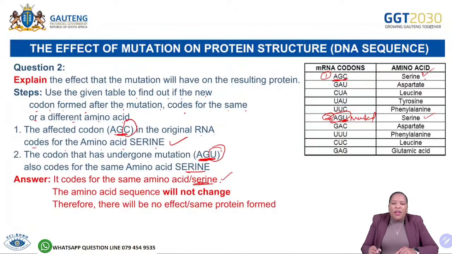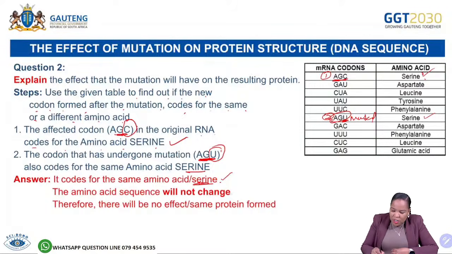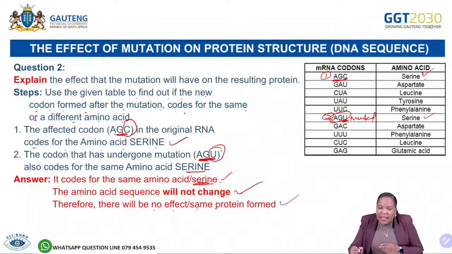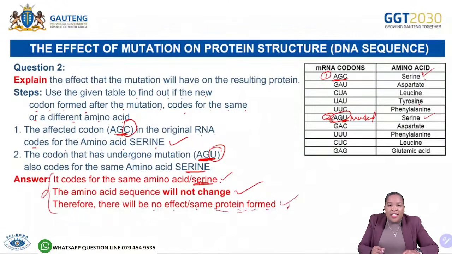And be specific. If you have the names according to the table, use the name that is given in the table. The amino acid sequence will not change. It will not change because of what? Therefore, there will be no effect because the same protein is going to be formed. If this was a different amino acid, then it means it was going to form a different protein. Here you are going to write a different protein is going to be formed. You must follow the sequence, right?